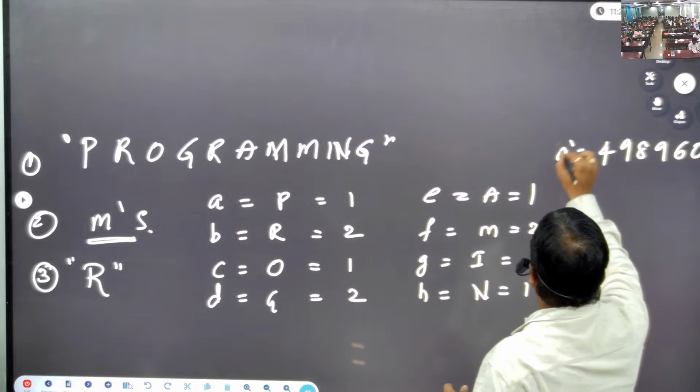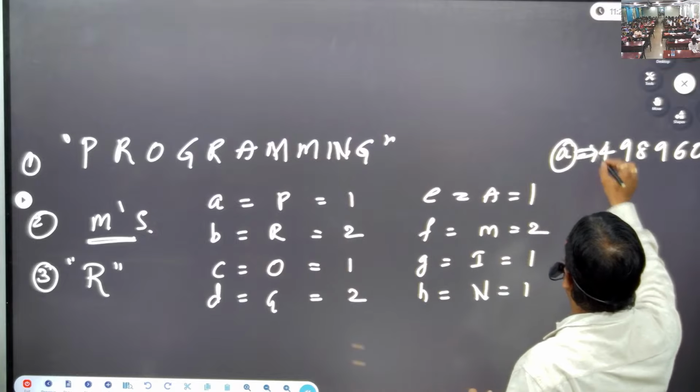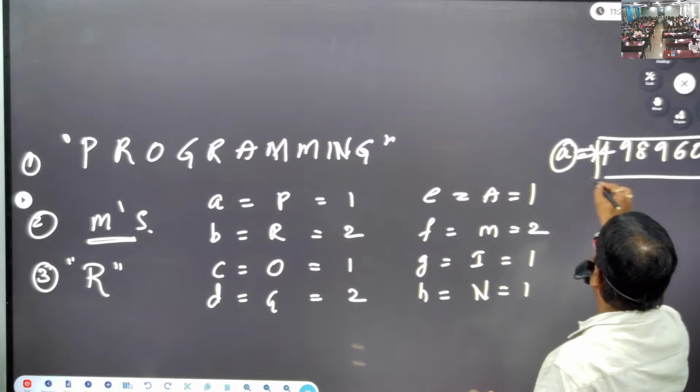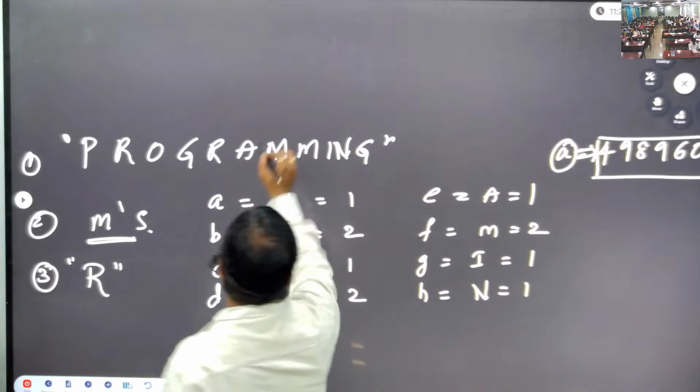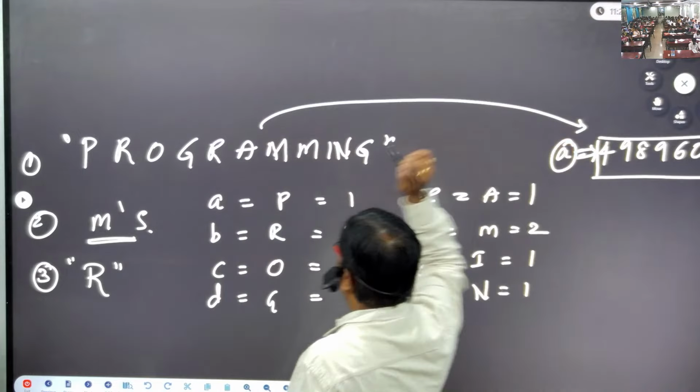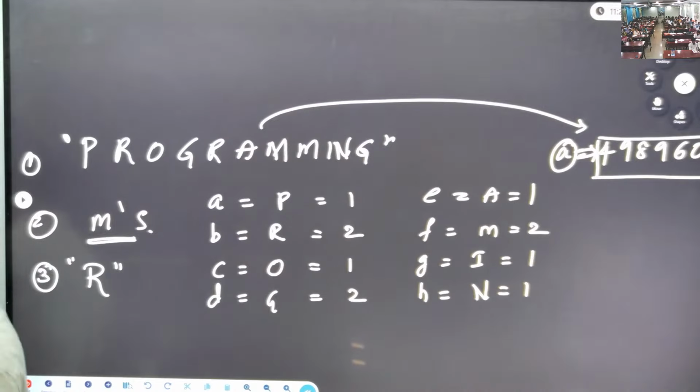Okay, so this is the answer for our A part, 4, 9, 8, 9, 6, 0, 0. Right. So now look into your second question, that is part 2 of the same question, which asks how many of these permutations come with all m's together. Right? So how many m's will be there?